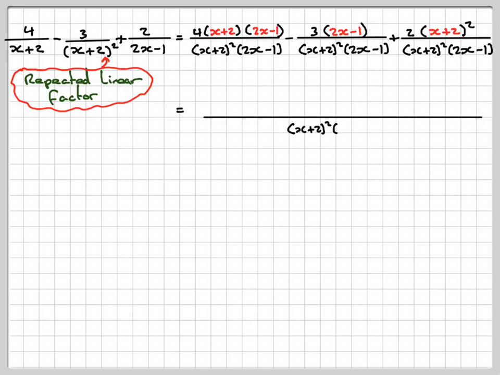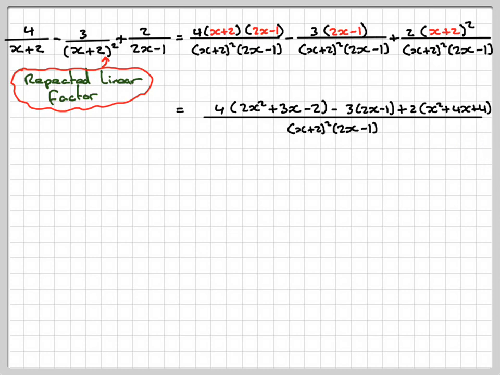So again, expanding the top, expanding these 2 here, we get 2x squared plus 3x minus 2, multiplied by 4, minus 3 brackets 2x minus 1, plus, expanding this becomes x squared plus 4x plus 4.